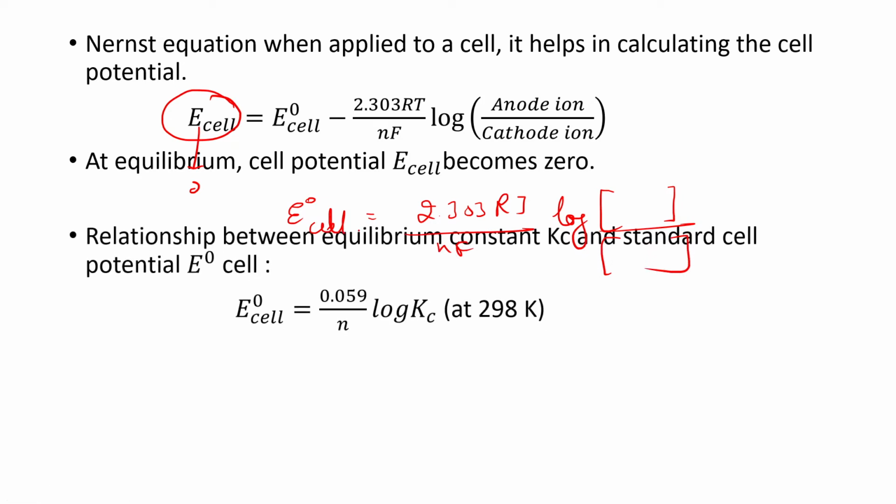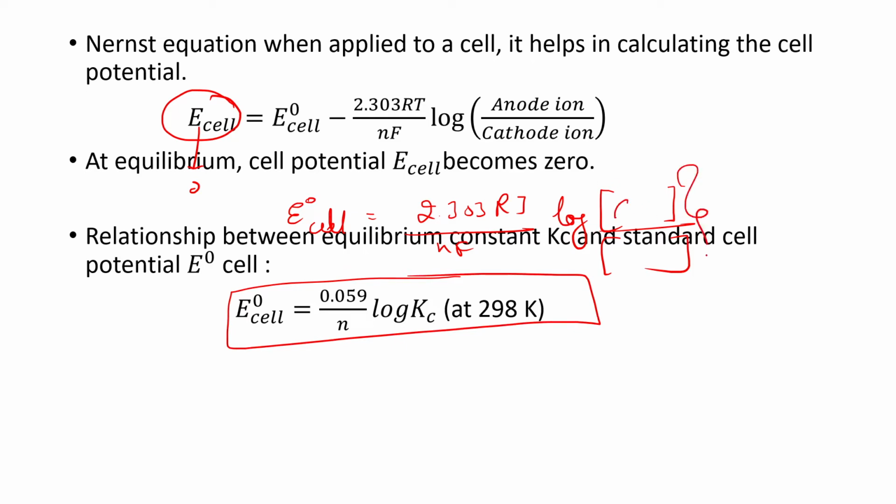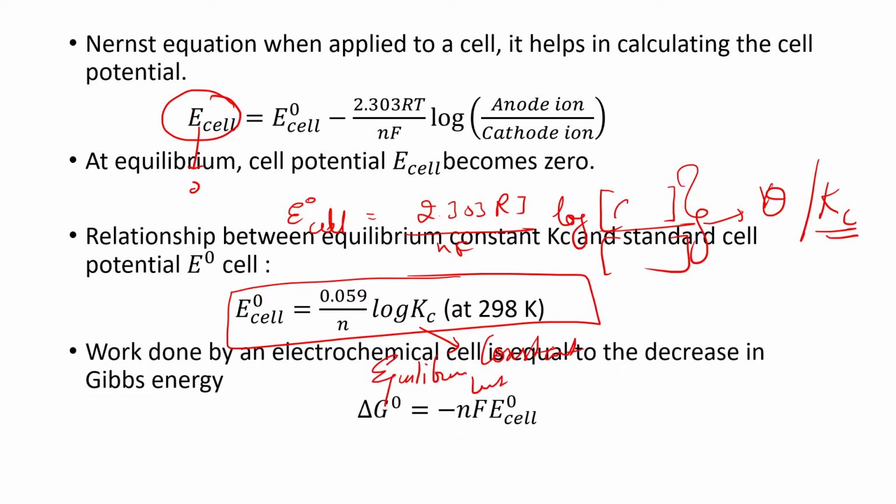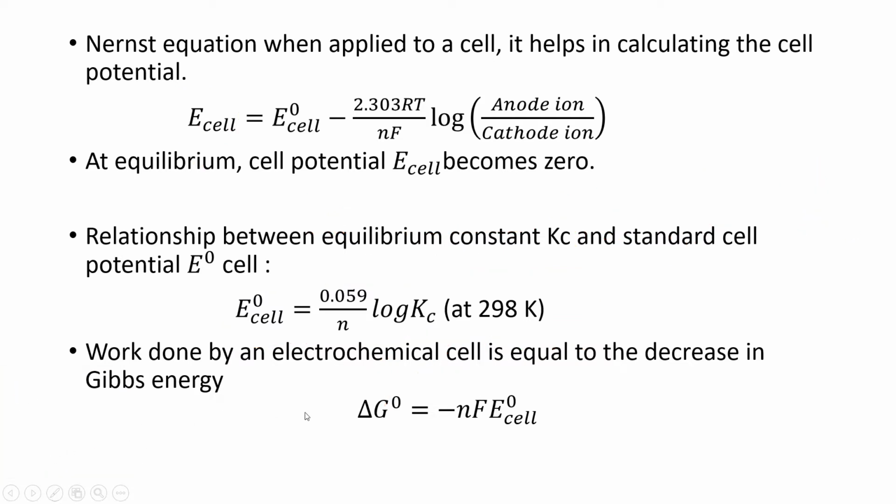So at equilibrium, the relationship becomes this, and this Q, or we can say this factor, becomes Kc, the equilibrium constant. It is now a constant, the equilibrium constant. Okay.